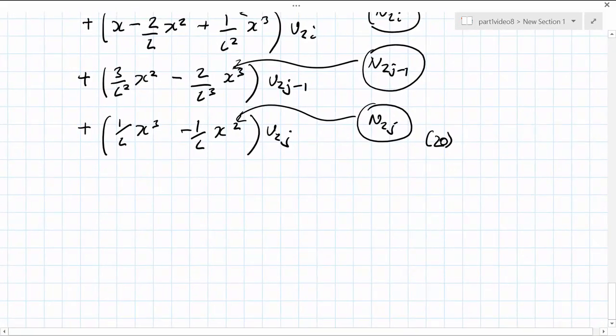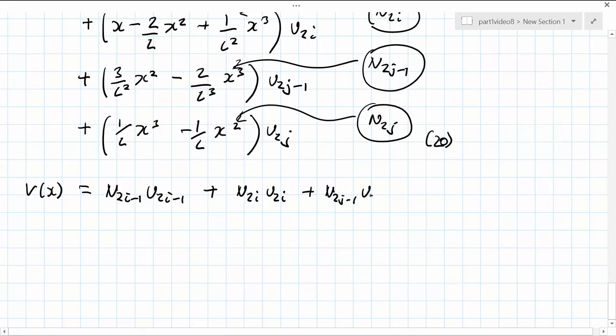The displacement equation is now expressed in terms of the nodal displacements and corresponding shape functions. So we can write v of x in the following form: n2i minus 1 times by u2i minus 1 plus n2i times by u2i plus n2j minus 1 times by u2j minus 1 plus n2j times by u2j.